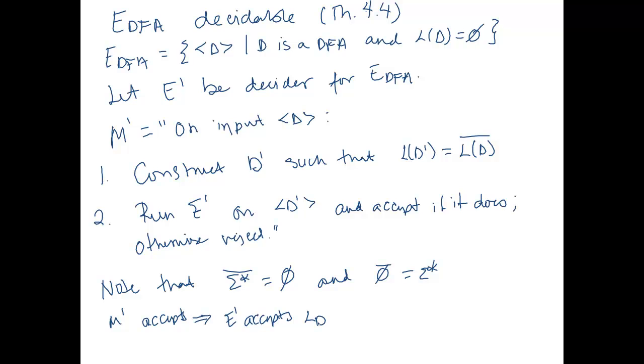Okay, so it meant that E prime accepted the description of D prime, which implied that the language of D prime is empty, which implies that the language of D prime complement is sigma star.